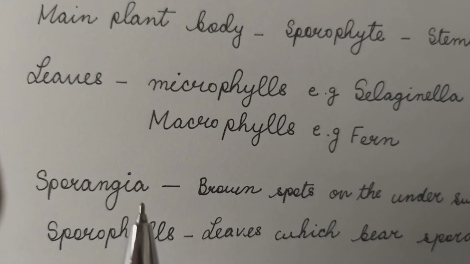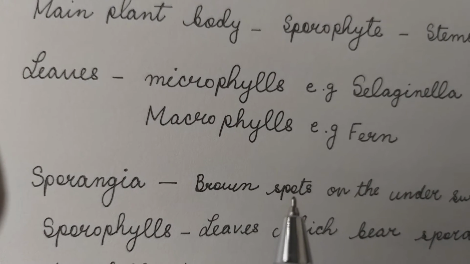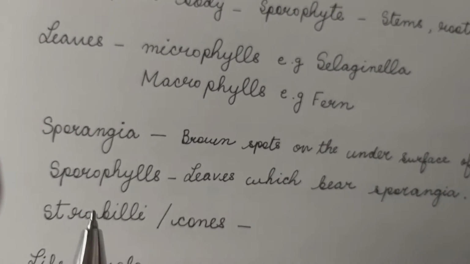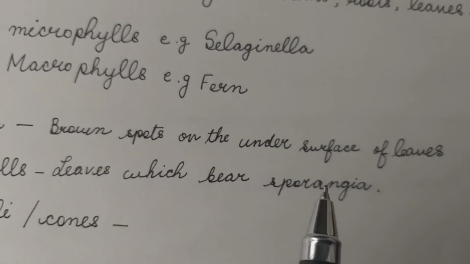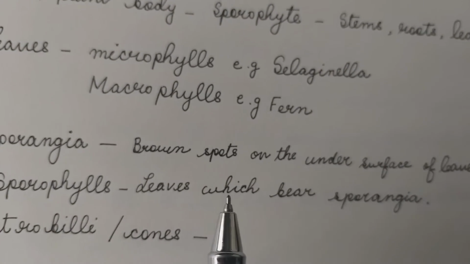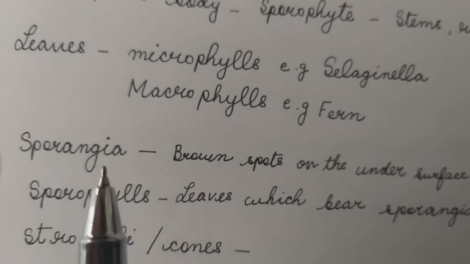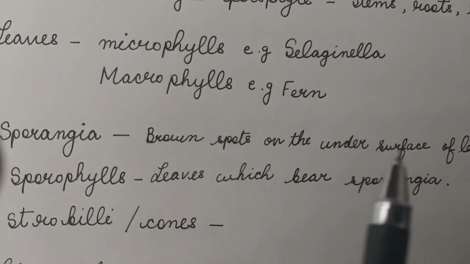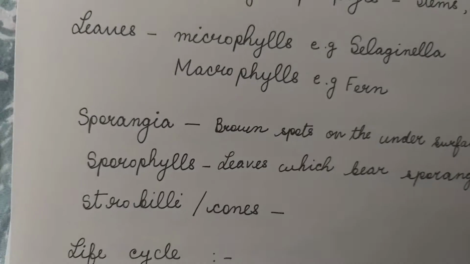The sporangia are certain structures where the spores are formed. The leaves which bear the sporangia on their undersurface are called sporophylls. So sporangia develop on the undersurface of the leaves which are called sporophylls.